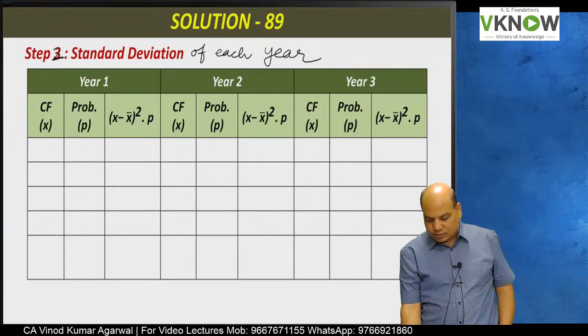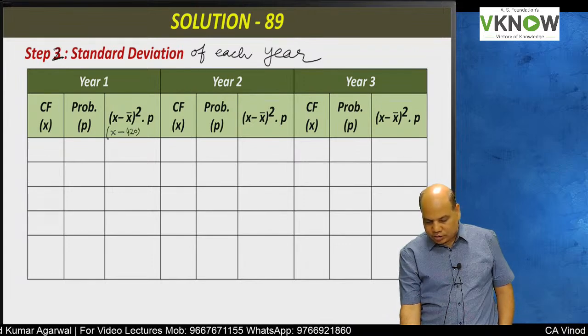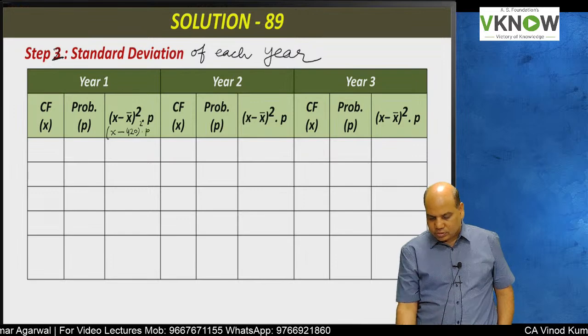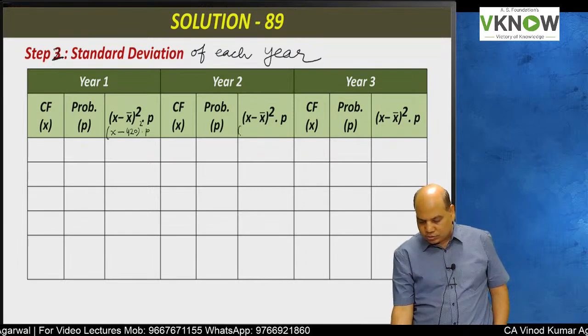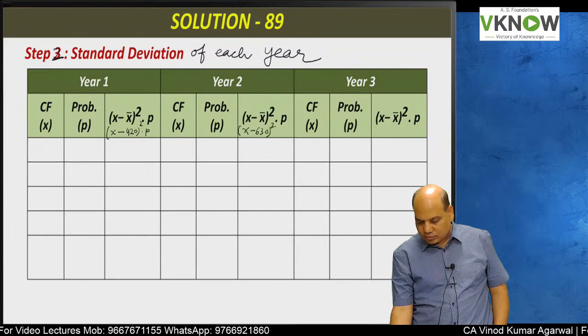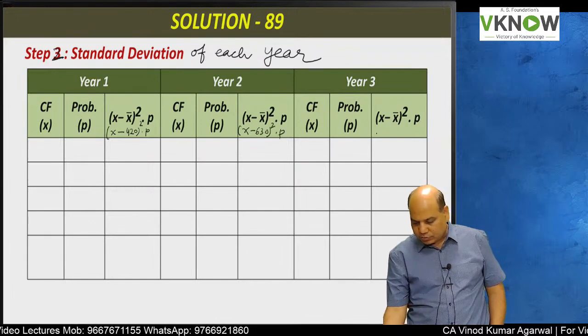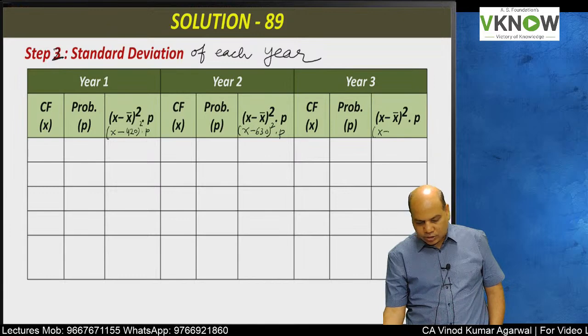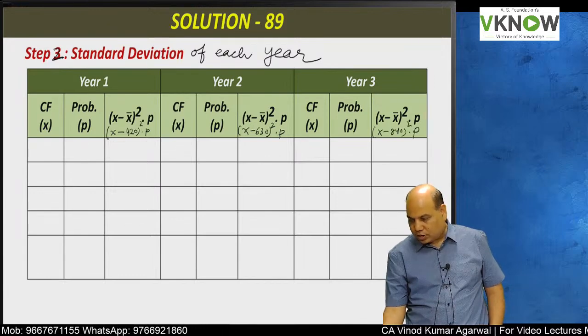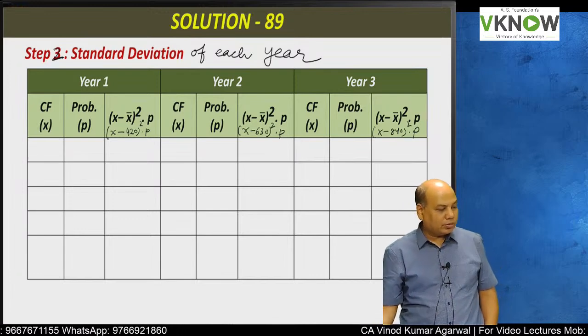In the first year, your x bar means 420 expected cash flow. In year 2, x bar is 630 expected cash flow, and in year 3 x bar is 840. So if you are interested, you can write that also.